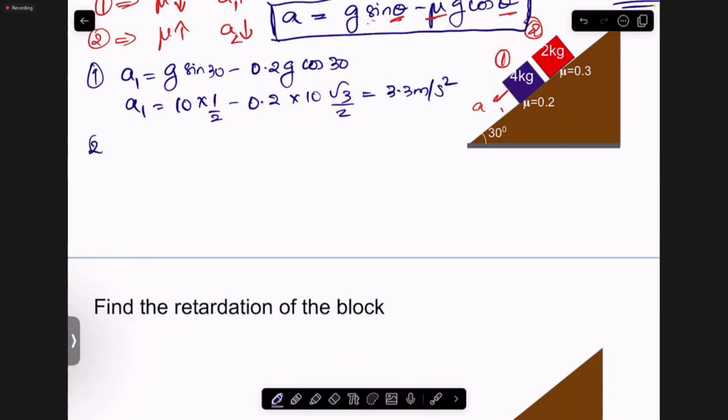For the second block, you will be getting A2 equals g sin 30 minus mu, which is 0.3, times 10 times root 3 by 2.